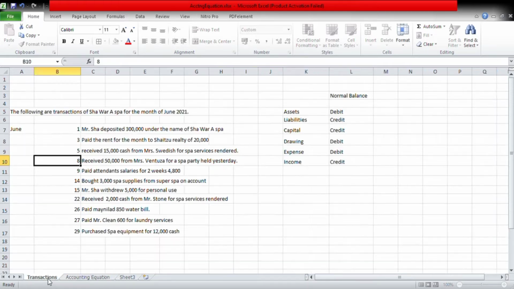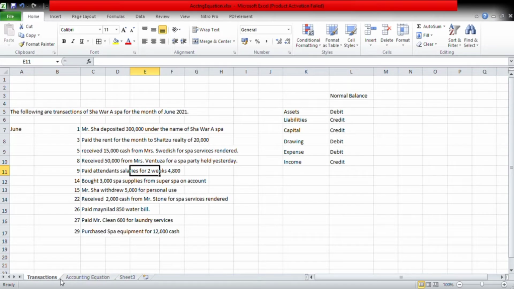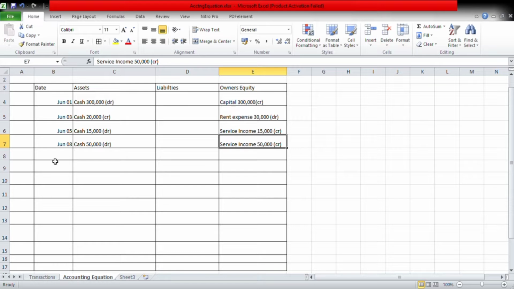Next. June 9, paid attendant salaries for 2 weeks for 8,000. So salaries is the keyword for our account title. We are paying another expense. Of course, it goes to expense, salaries to our employees. June 9, cash, how much?